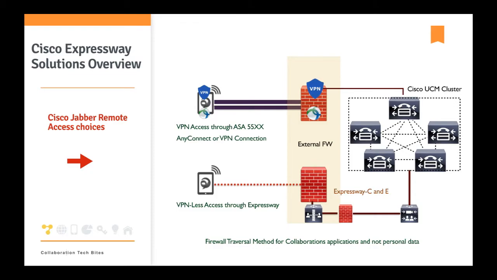The new architecture now includes a VPN-less registration. Cisco Jabber will query a DNS SRV record, trying to reach Expressway, a certain record that should be resolved to an Expressway E. Through Expressway E, there is a tunnel between Expressway E and Expressway C that is always open, and Expressway E relays this registration request to Expressway C, and Expressway C proxies those requests to the call manager for Jabber registration.